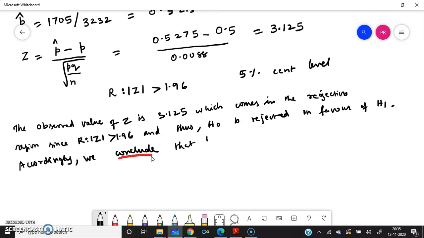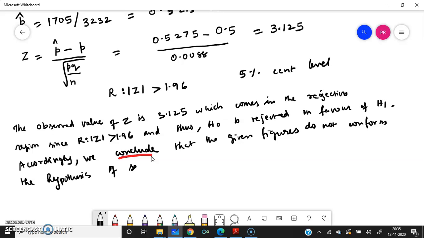We conclude that the given figures do not confirm the hypothesis of 6 ratio being, so it is greater than or lesser than.